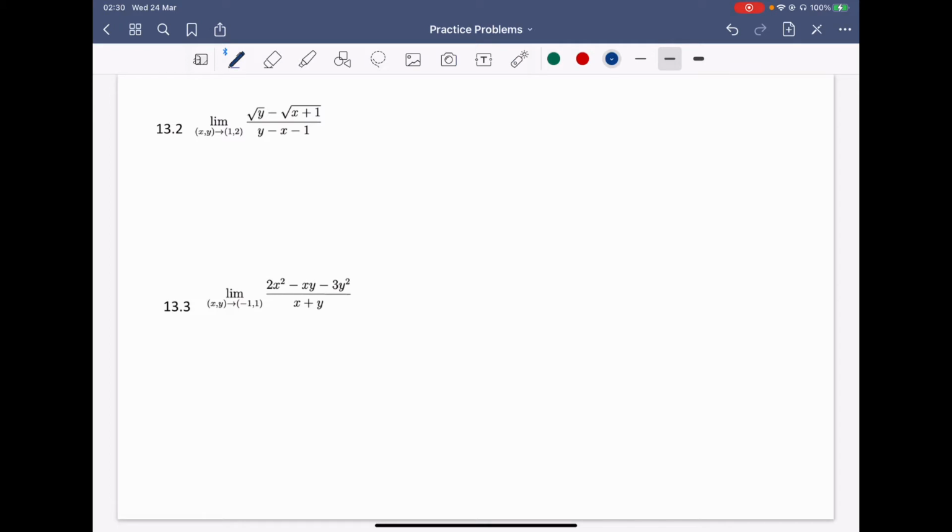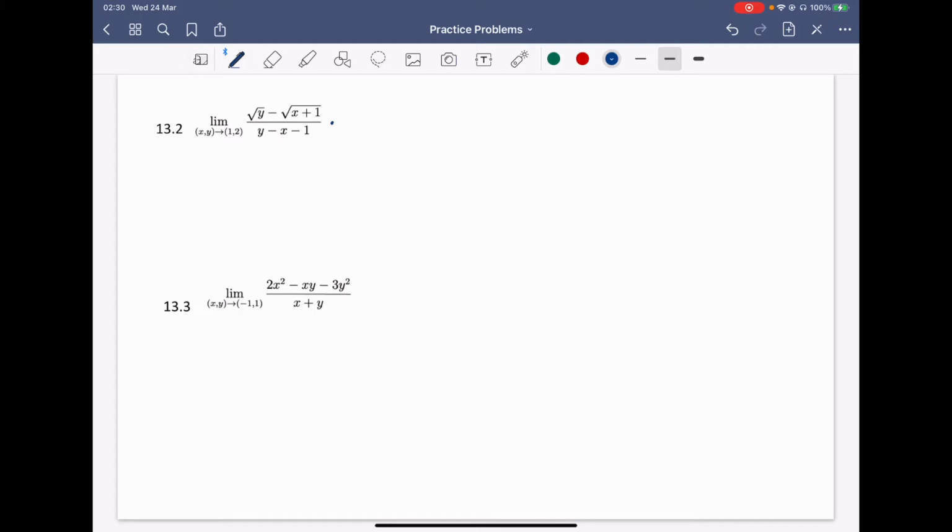All right, next example 13.2. Again, if you try to plug in x equal to 1 and y equal to 2 into this limit, you're going to get 0 over 0, which is an indeterminate form. For this question, you could try factoring, or you could try something called conjugation. The method I choose is to multiply by the conjugate.